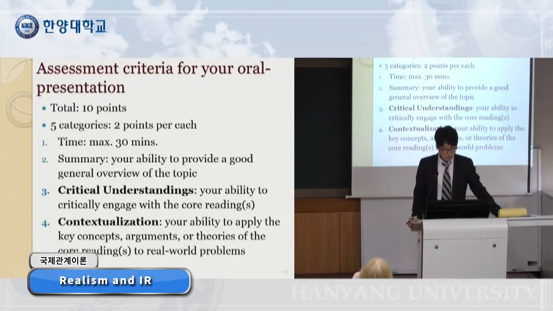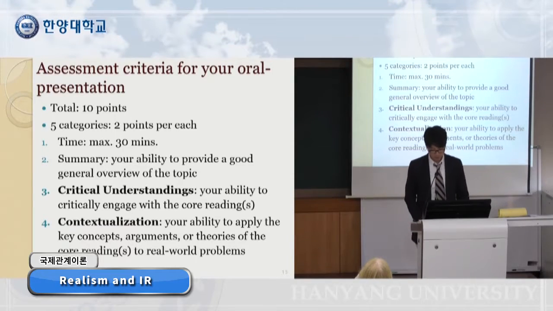And apply the theories of the core reading to real-world problems and issues. So you better provide us with some concrete examples that you think might be useful for us to understand what you are talking about, or your thoughts and opinions. Concrete examples or cases, empirical cases.